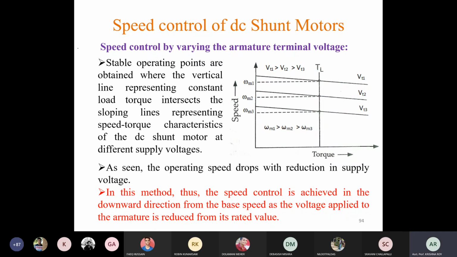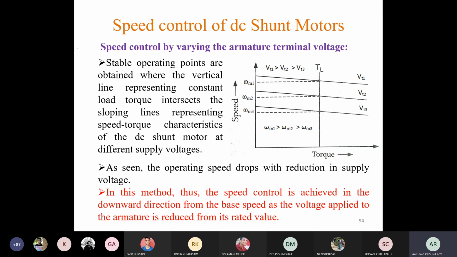Actually, the answer is no, because if we apply a voltage more than rated voltage, it will affect the insulation of the armature winding, because the armature winding is already designed for a given voltage. So if we apply voltages more than rated voltage to get higher speeds, this insulation may get damaged, and in that case there will be a short circuit and the whole motor will get damaged.